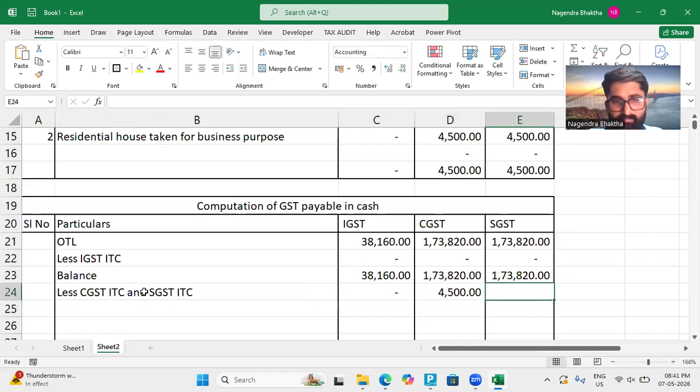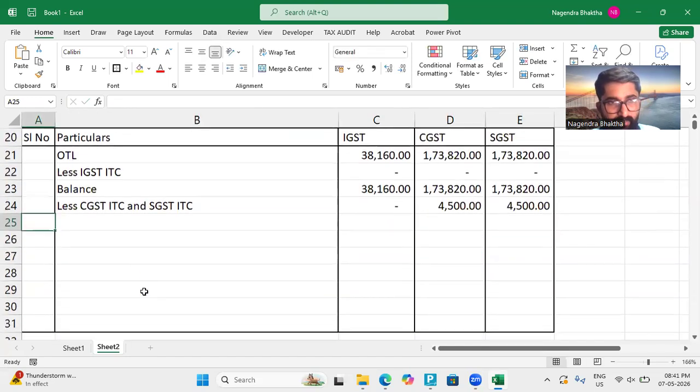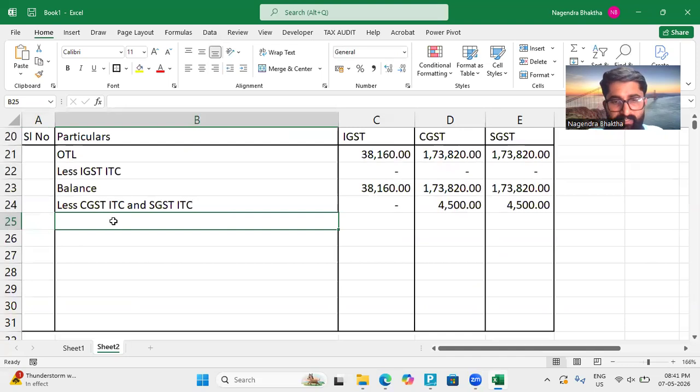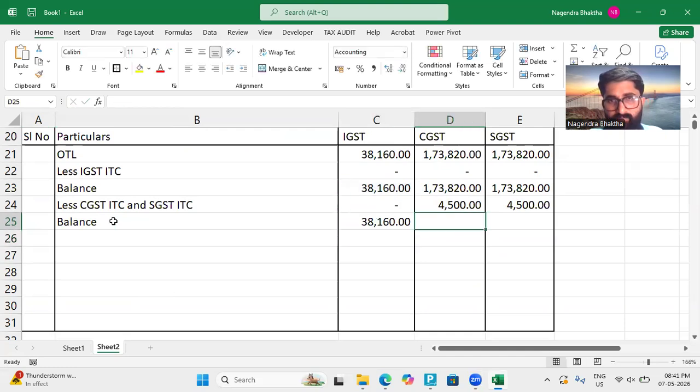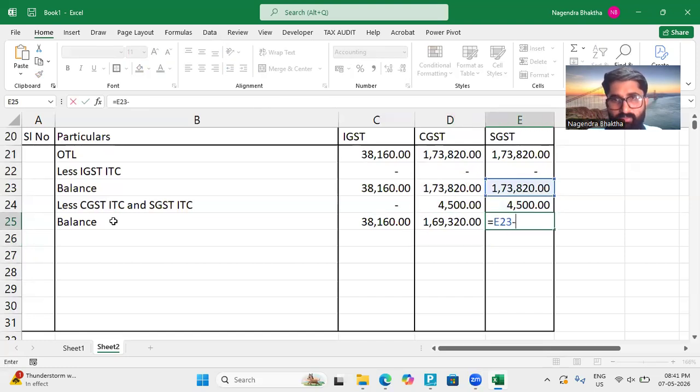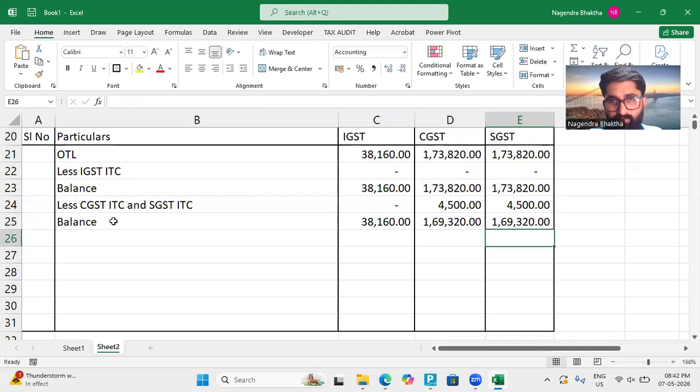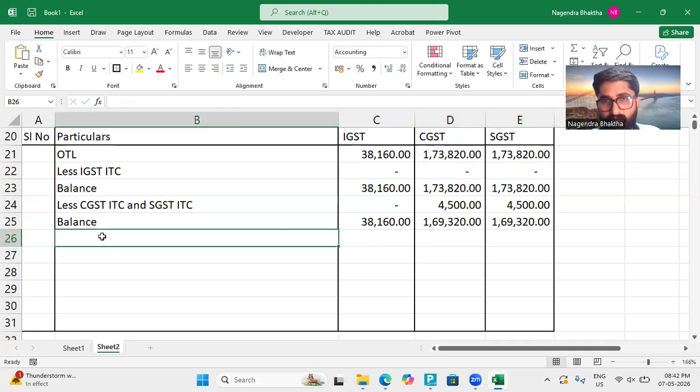Directly write that here. Now, later, the balance is payable in cash, correct? Balance is equal to 38,160 and here is equal to 1,73,820 minus 4,500.